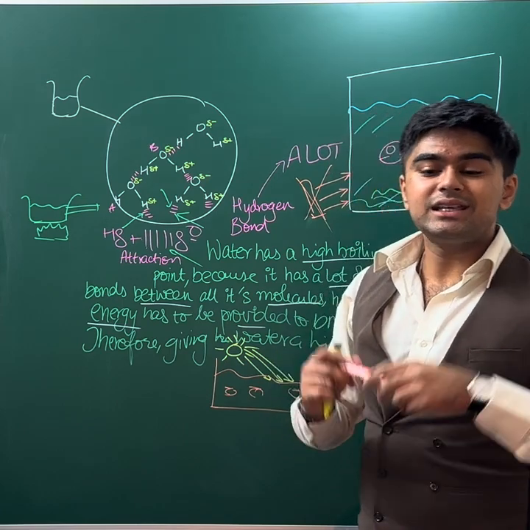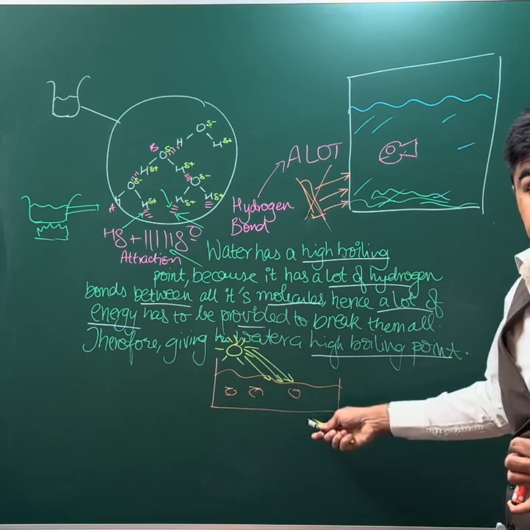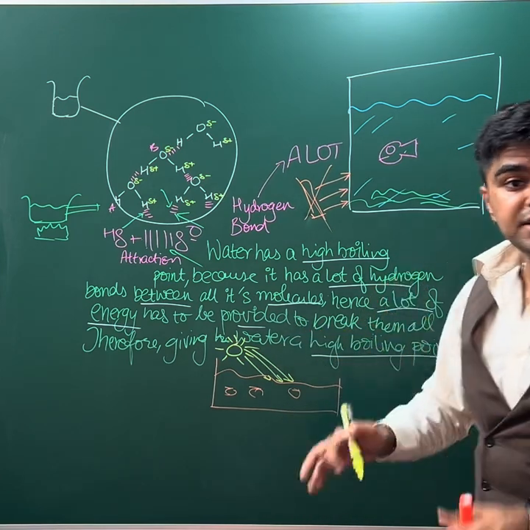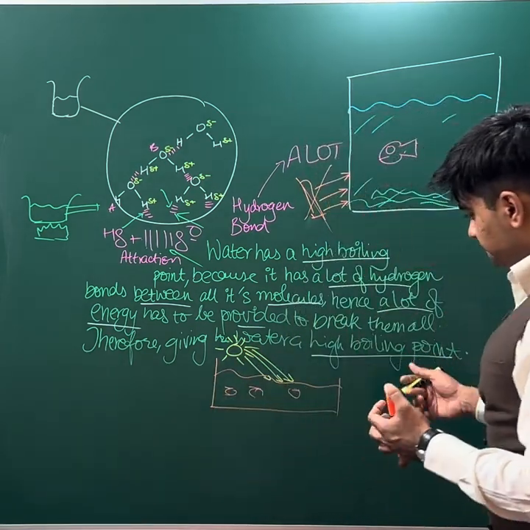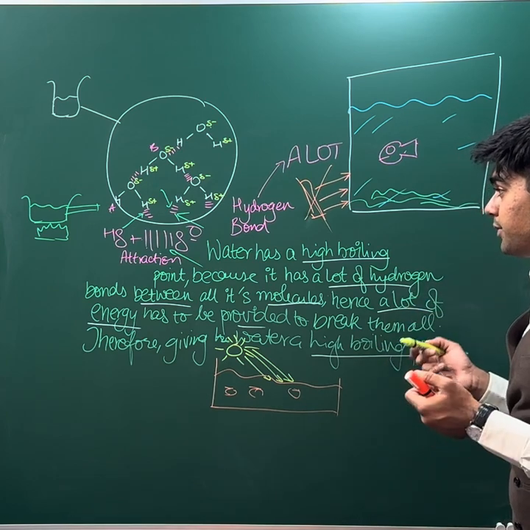So why is it important for water to have a high boiling point? Because without that, aquatic organisms could not survive, because their habitat would be non-existent. So that's why it's so important water has a high boiling point.